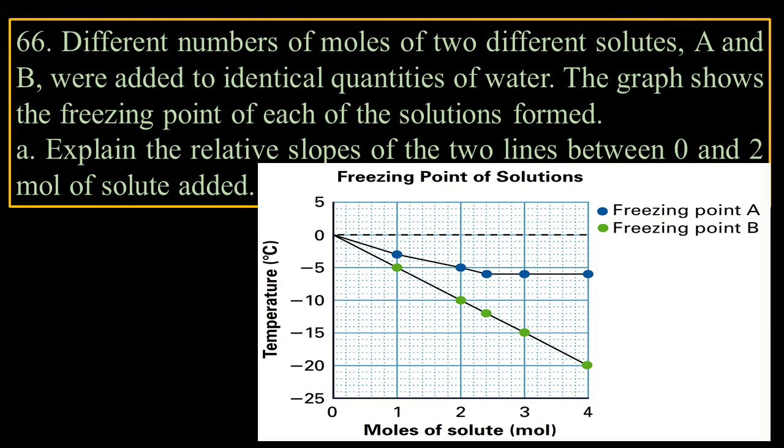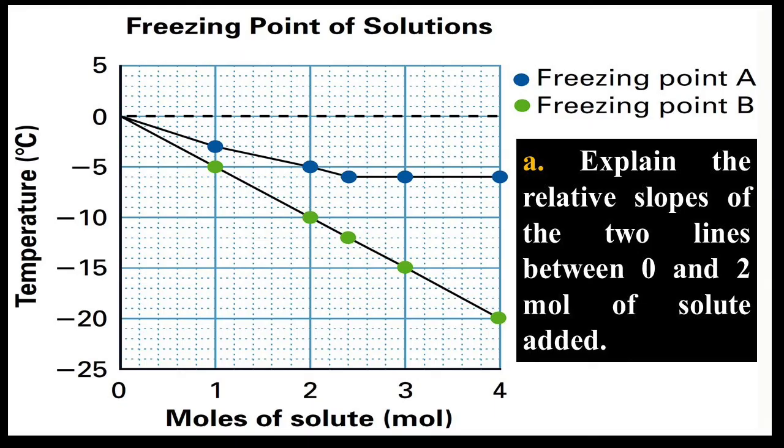Now, it says, explain the relative slopes of the 2 lines between 0 and 2 moles of solute added. So you can see that the more you add of each solute, the greater the distance between the two.